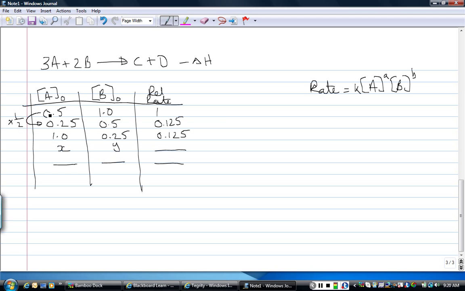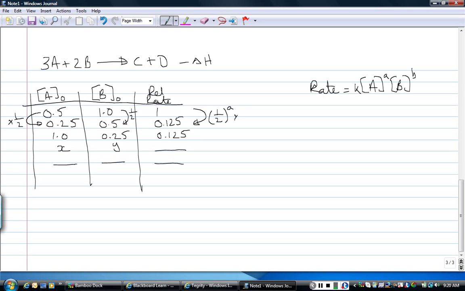If I multiply the concentration of A by a factor of 1/2, it means then that I must have multiplied the rate by a factor of 1/2 to the power of a. Whatever I do to the concentration of a given reagent, I do to the rate of the reaction raised to the order of the reaction with respect to that reagent. Okay? But simultaneously, I actually multiplied the concentration of B also by 1/2.